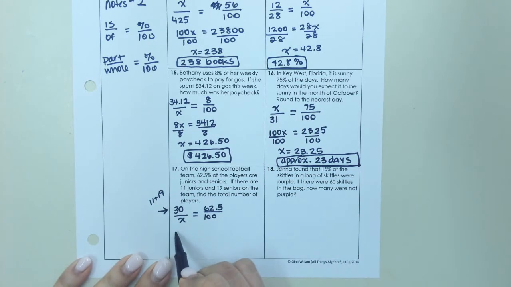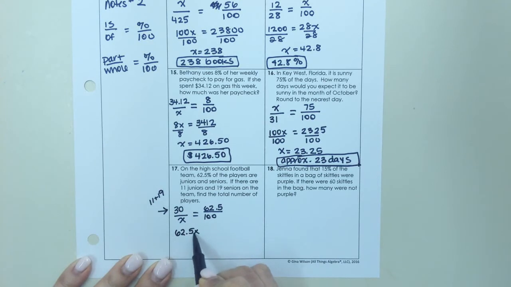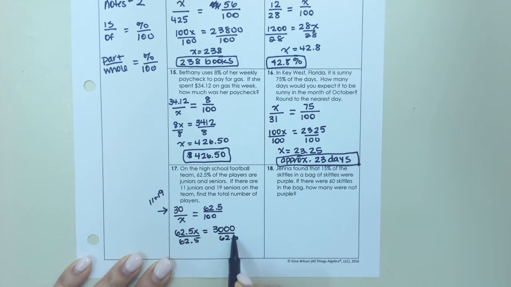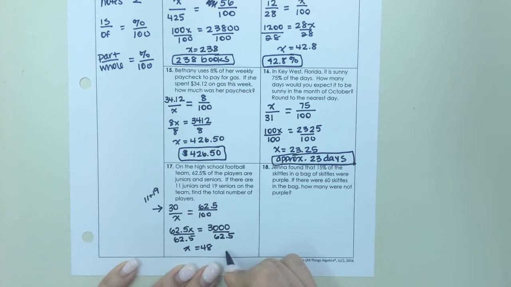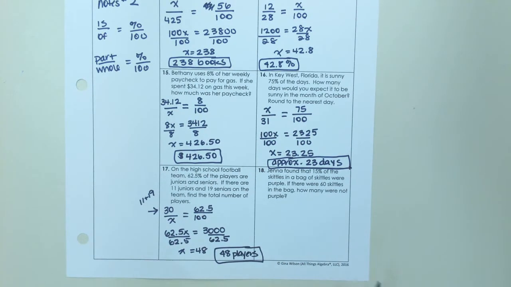So if I cross multiply, I get 62.5x equals 3,000. I divide by 62.5. I get x equals 48. So 48 players are on the whole team. 30 of them are juniors and seniors, and 48 are on the whole team.